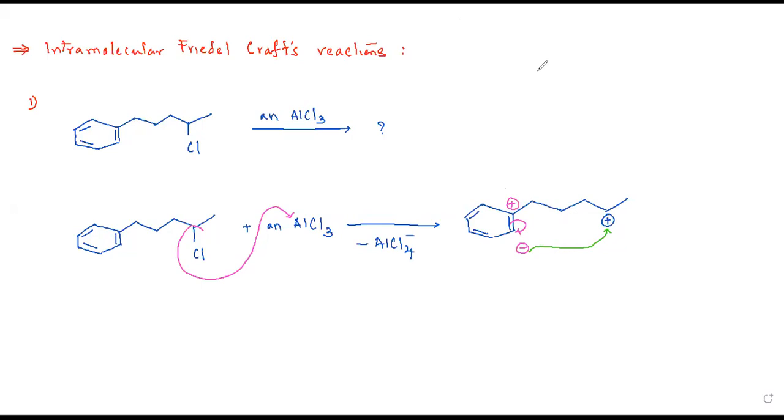So now this one, we have 1, 2, 3, then 4. 1, 2, 3, then of course the fourth one.